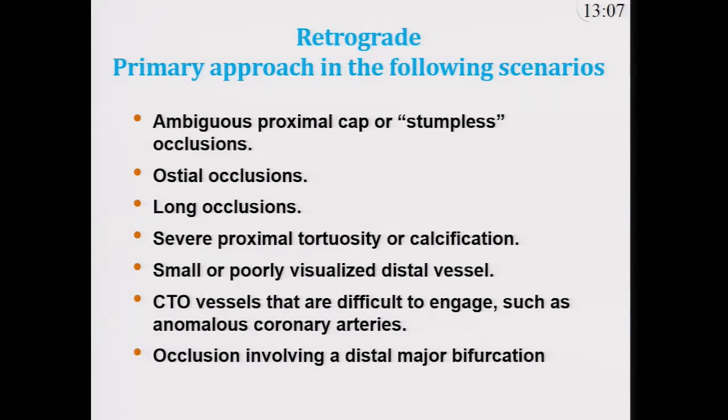Severe proximal tortuosity or calcification, and as you have seen in some of the cases, some of these are very challenging to cross antegrade, so retrograde might be easier. Small or poorly visualized distal vessels, CTOs in vessels that are very difficult to engage, or anomalous coronary arteries that are very difficult to engage and get good support, and occlusion of an artery involving a distal major bifurcation.